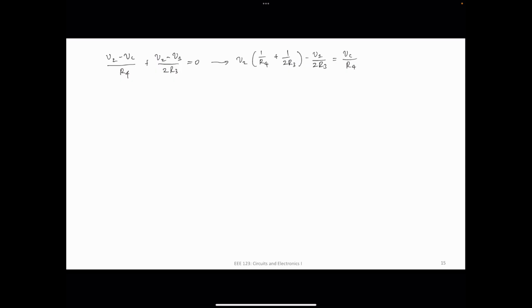Or VC is equal to R4 multiplied by 1 over R4 plus 1 over 2R3 V2 minus 1 over 2R3 V1. Okay, so that's our expression for VC.